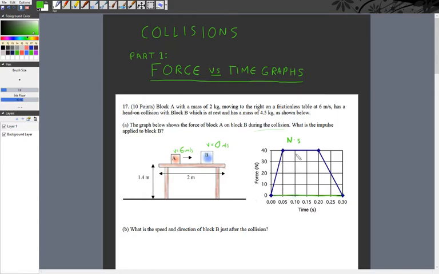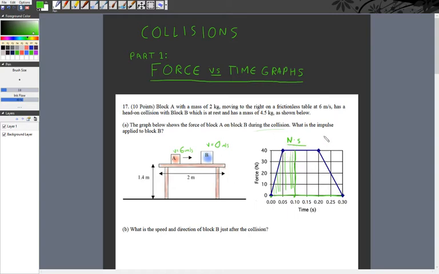Finding the area under the curve means just what it says. It's going to be this area. That will give me the impulse between this time here and this time here. That area would be in units of Newton seconds, okay?